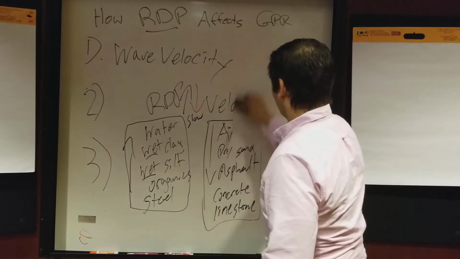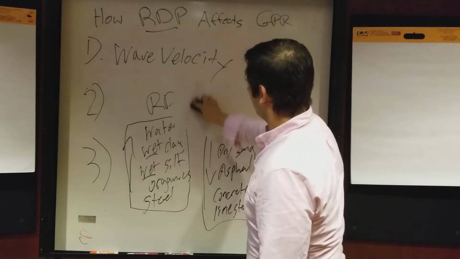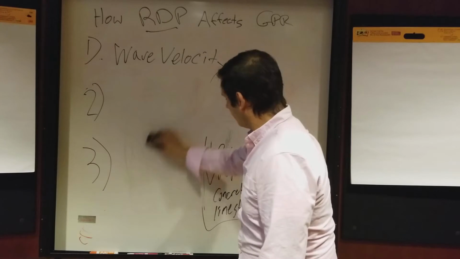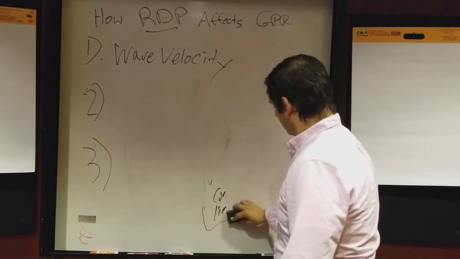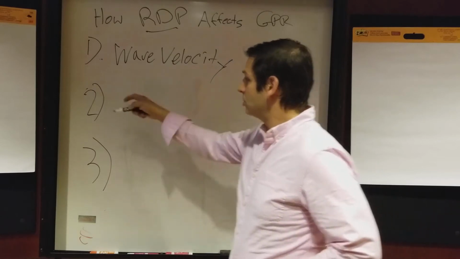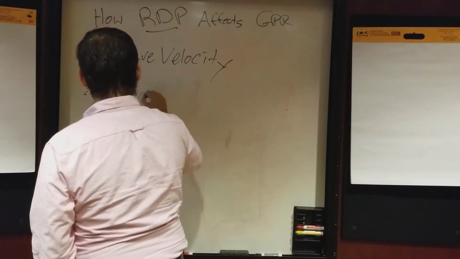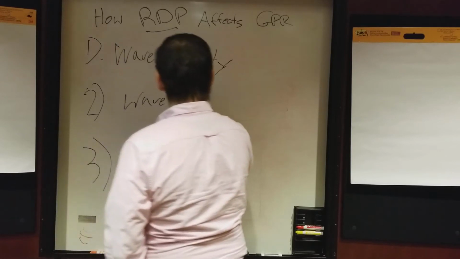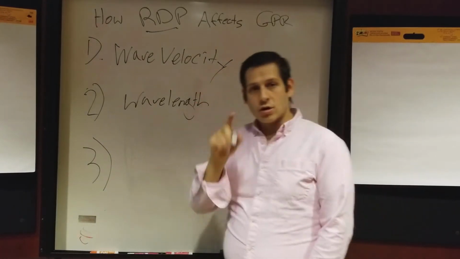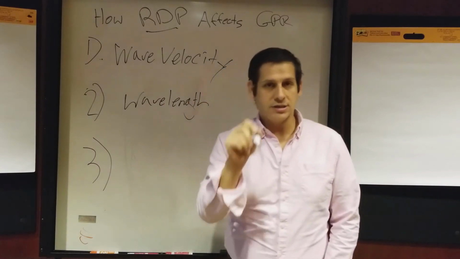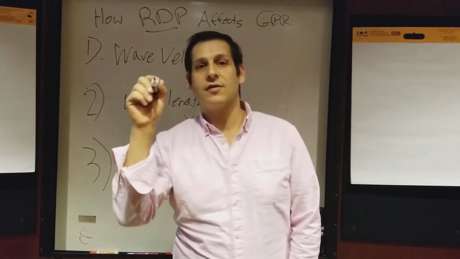So what's the second thing? If that's the most common one that people know about, RDP affects wave velocity, what are the other two that it affects? Number two is RDP affects wavelength.